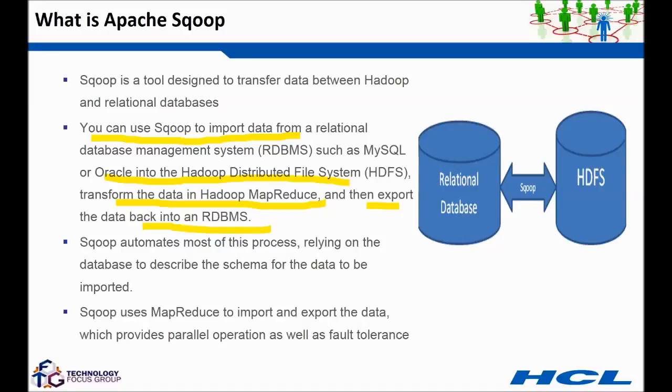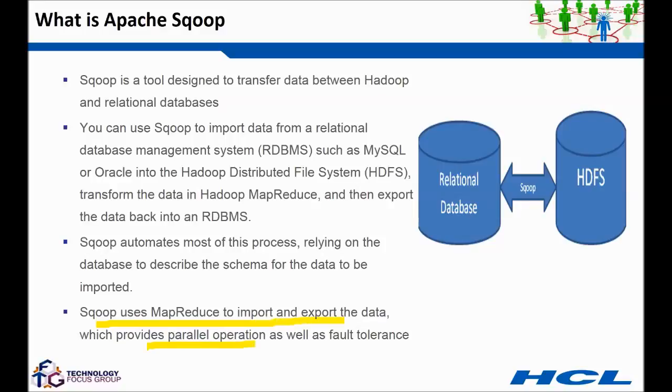Sqoop automates most of this process, relying on the database to describe the schema for the data to be imported. And internally, Sqoop uses MapReduce to import and export the data, which provides parallel operation as well as fault tolerance. That is the built-in advantage of using MapReduce. You will get parallelism, fault tolerance, and all those advantages which Hadoop provides.